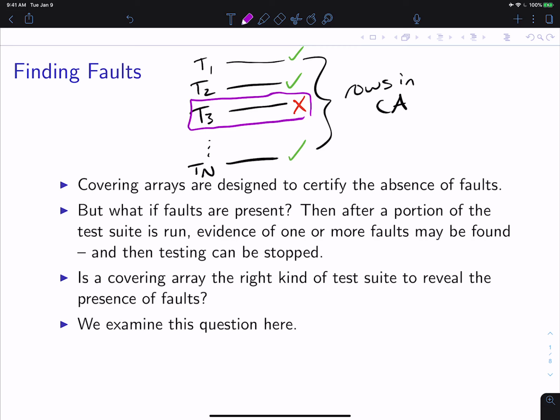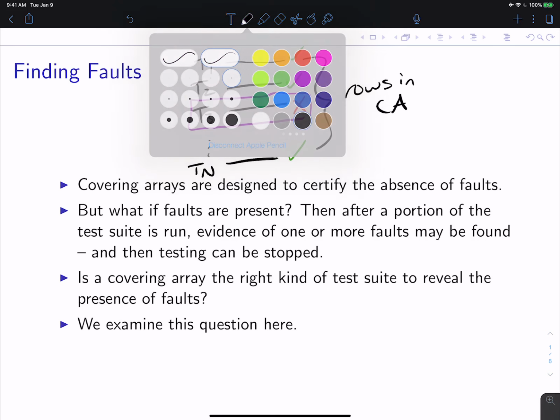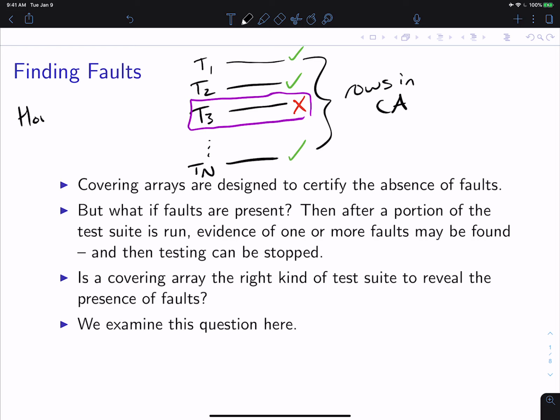Here's the problem though. The covering array says this test 3 failed, but when we go back to our code or whatever system that we're looking at, how do we actually figure out what the fault actually is? How can the covering array tell us what, in quotes, the fault is?